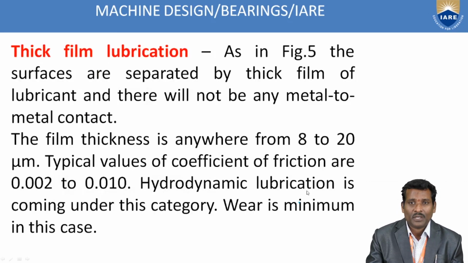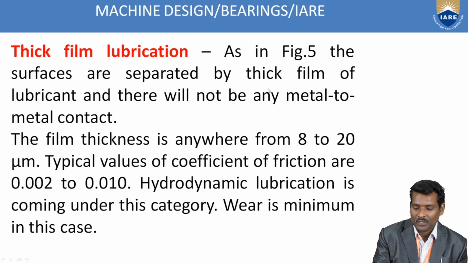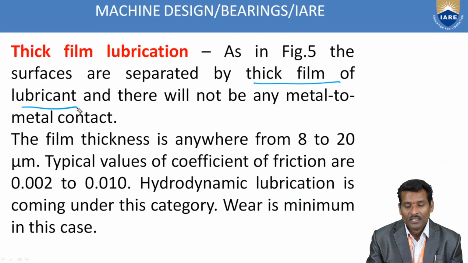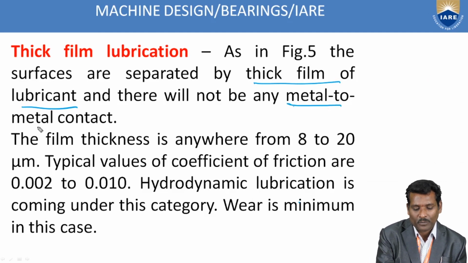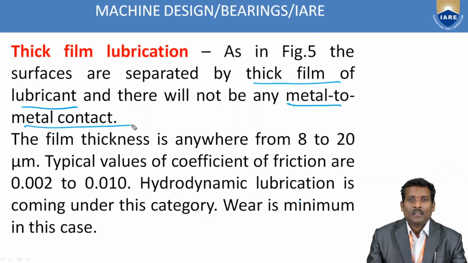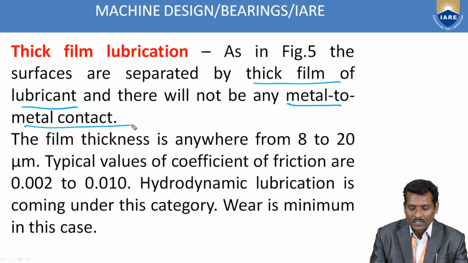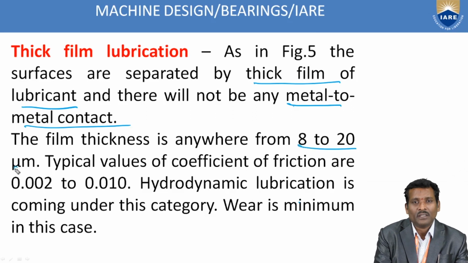So already we have discussed thick film lubrication and thin film lubrication. As shown in the figure, the surfaces are separated by a thick film of lubricant. So it means there will not be any metal to metal contact. Here the film thickness is 8 to 20 micrometer.